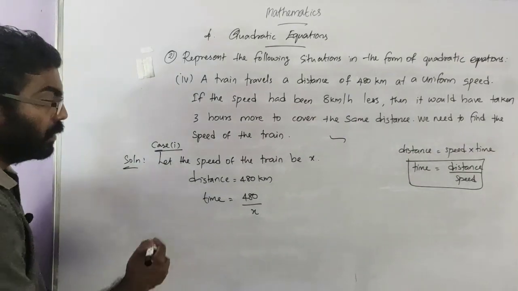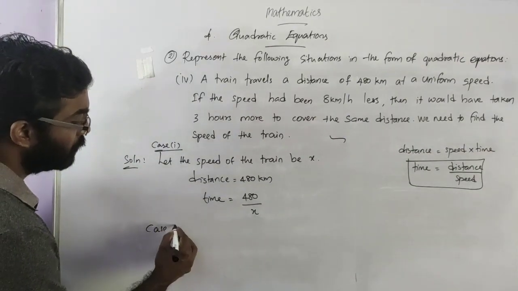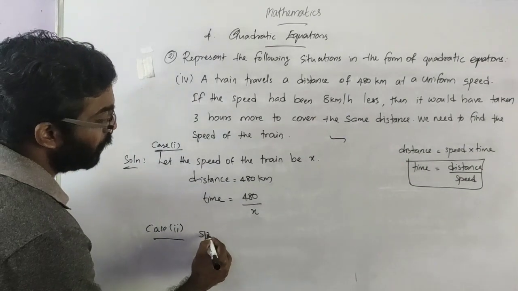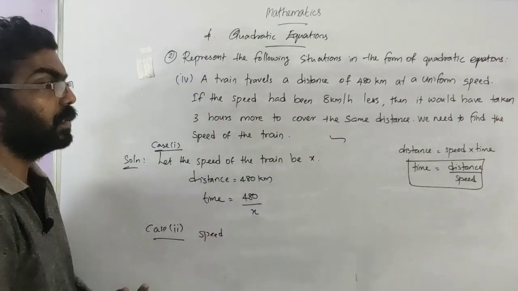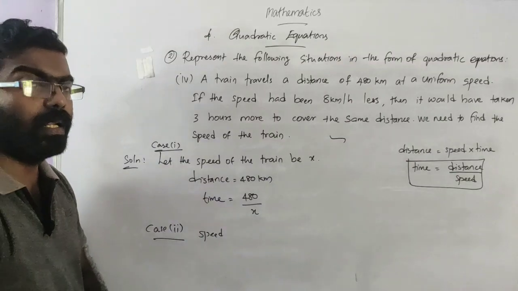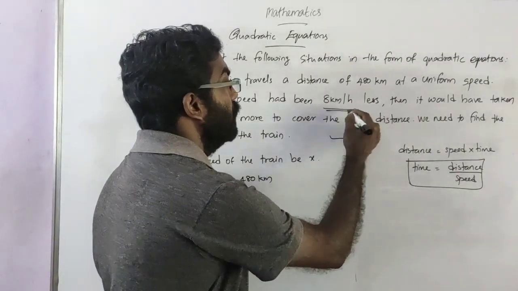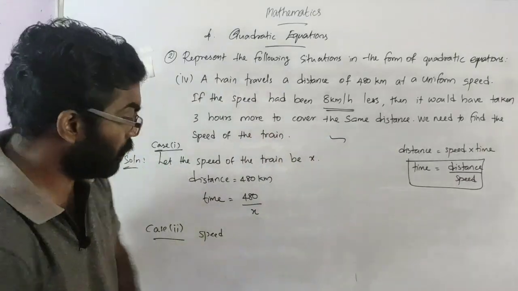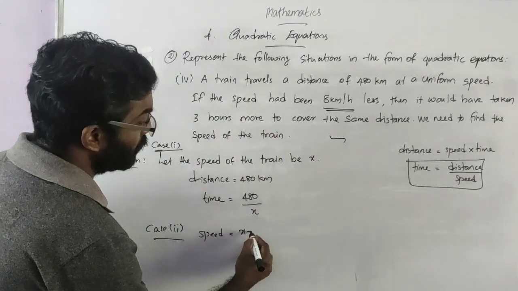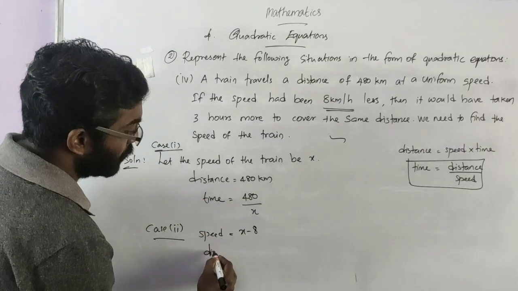Okay. Then the second case is speed had been 8 km per hour less. Normal speed is x, 8 km per hour less. That means x minus 8. Distance remains the same.